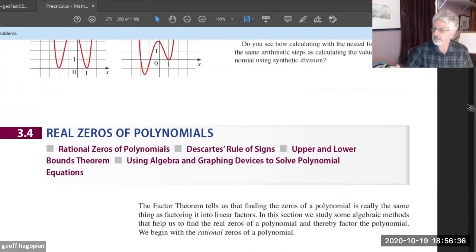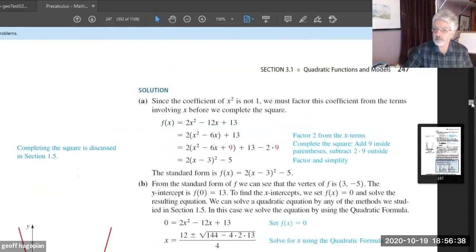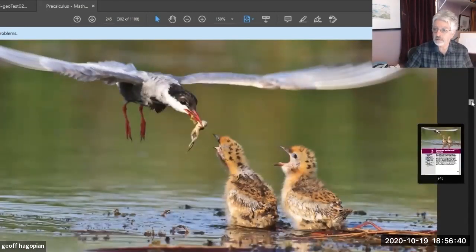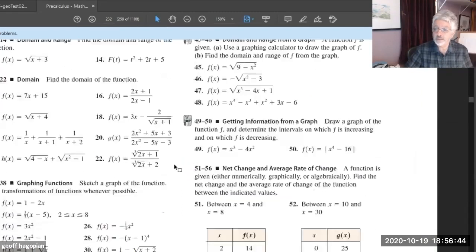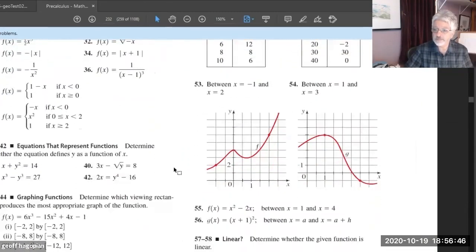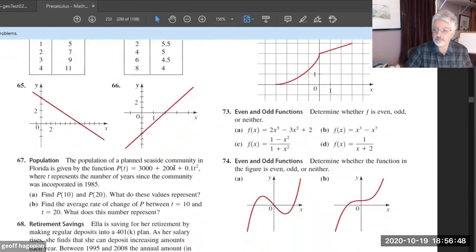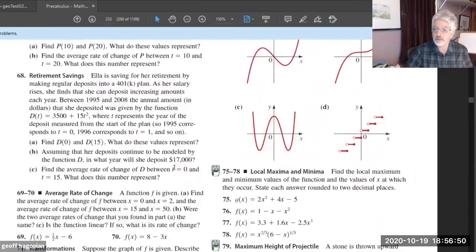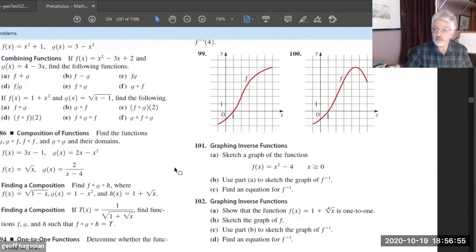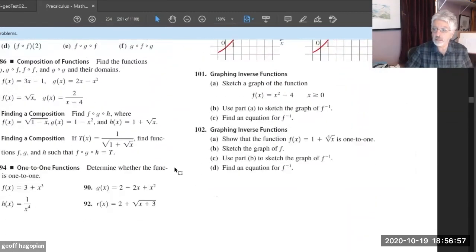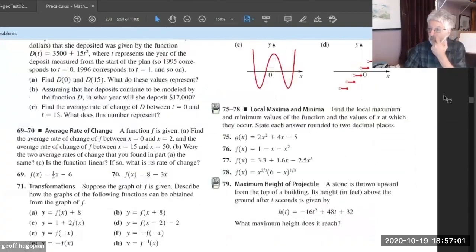Oh, deep into chapter 3 now. It's very sensitive. I think we're in here, right? Oh, this could be the review section. So let's scroll up here.